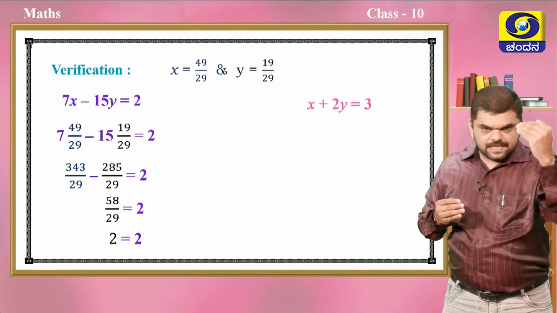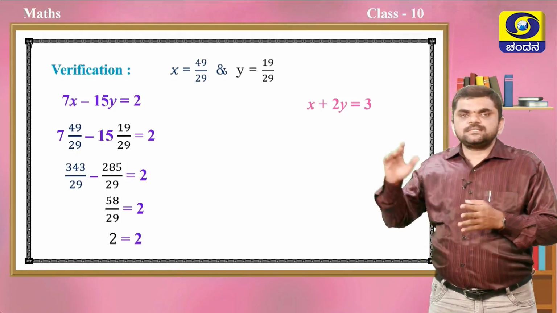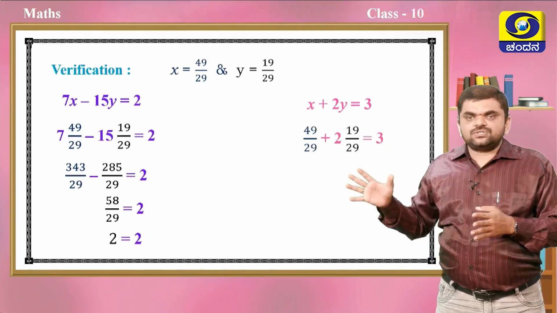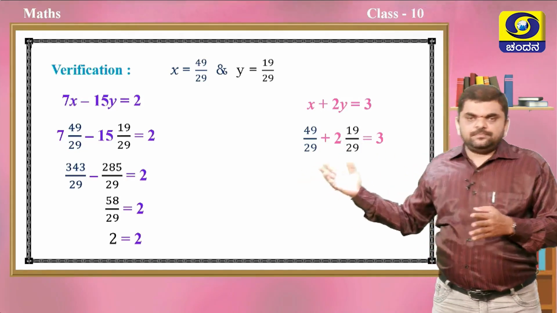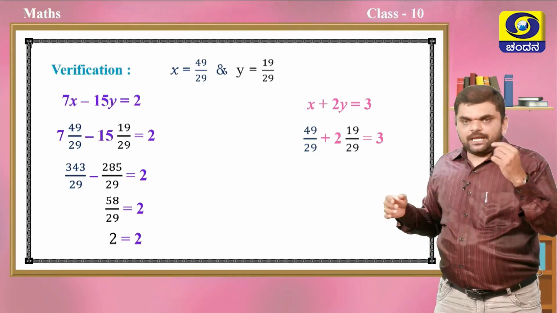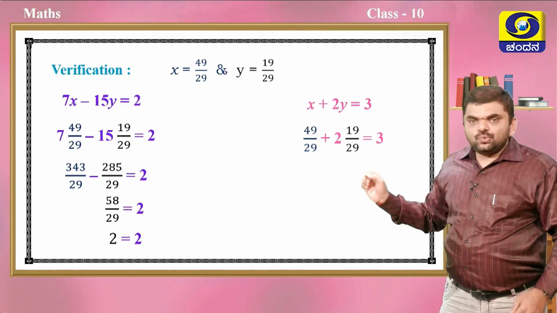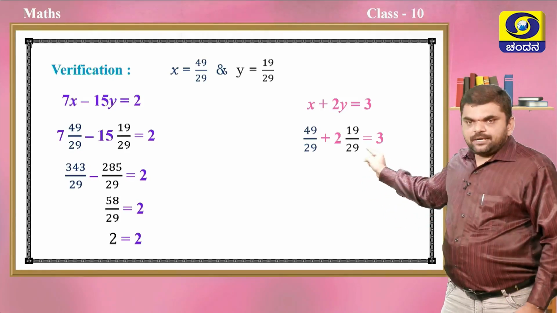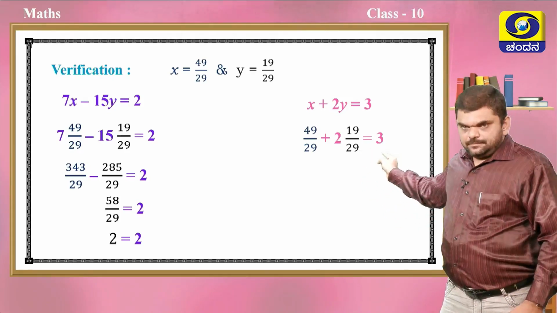Substitute the same values in another equation, that is x plus 2y is equal to 3. 49 by 29 plus 2 into 19 by 29 is equal to 3.